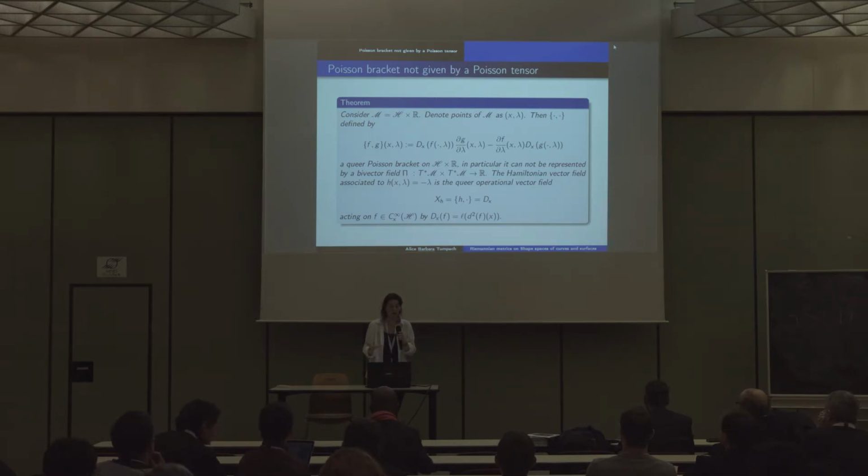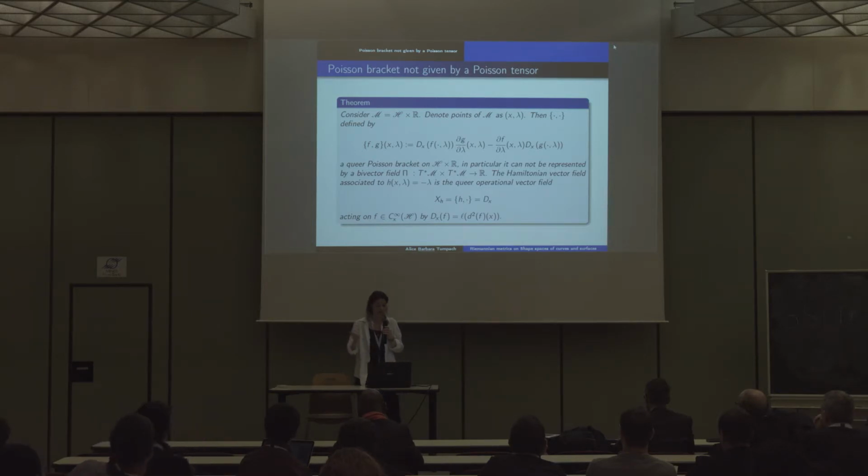You start with a Hilbert space, and this queer operation tangent vector we have constructed, which Kriegl and Michor did for us, and you add a dimension R. And then you just make the commutator of two derivations. The first one is given by the queer operation tangent vector, and the second one is just the usual derivation in the direction of R, the one-dimensional direction you added.